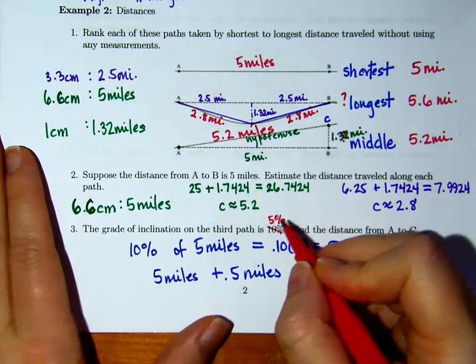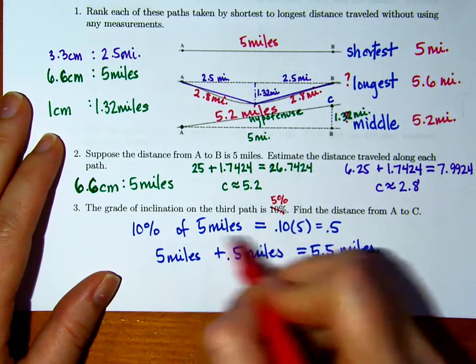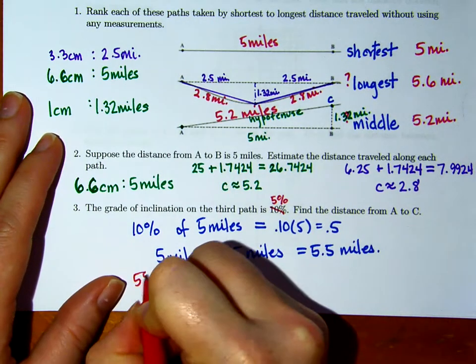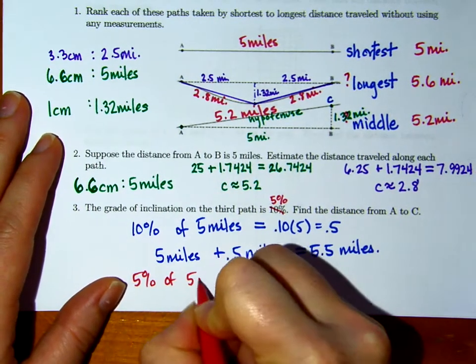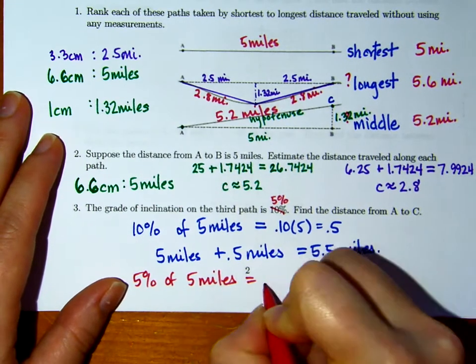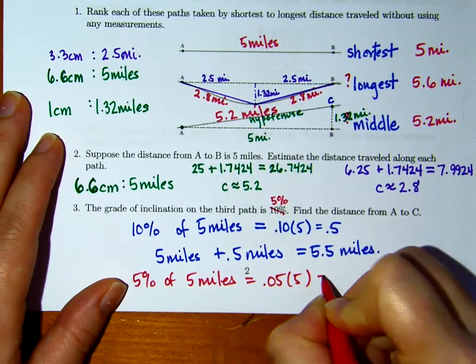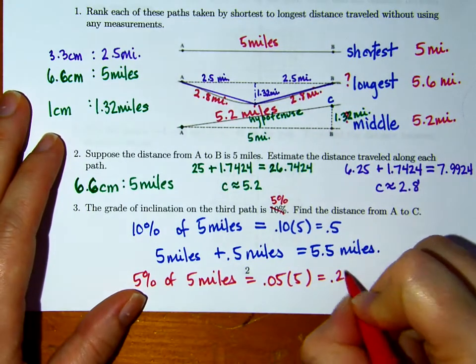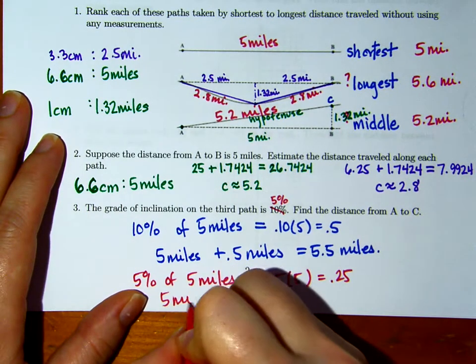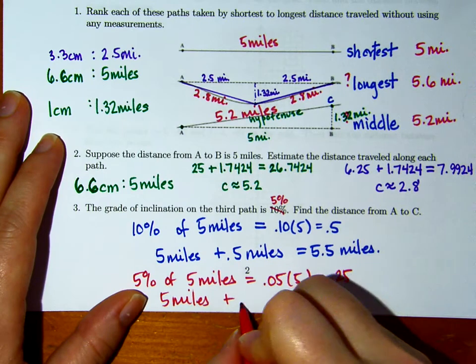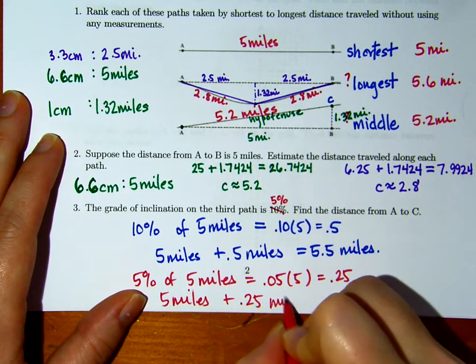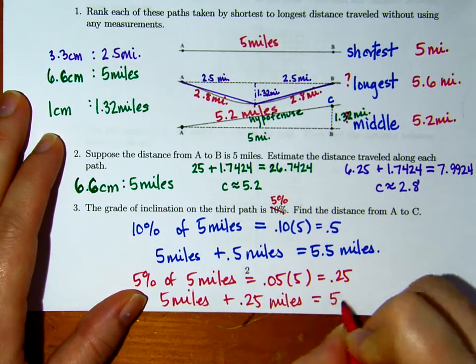Okay, and how that would change it is it would go 5% of 5 miles. Okay, 0.05 of 5, which equals 0.25, and 5 miles plus 0.25 miles is equal to 5.25.